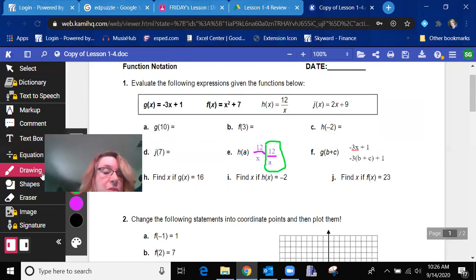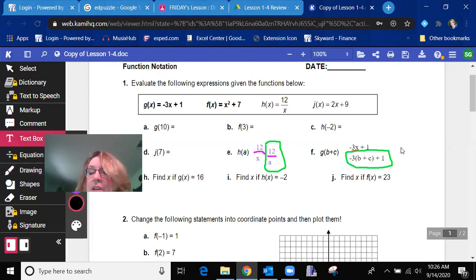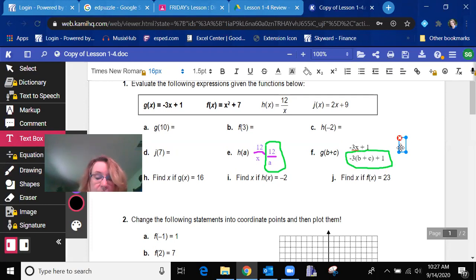You could distribute and the answer could look different if you wanted to. Basically, you could say negative 3b minus 3c plus 1. That's an alternate answer. So let me type negative 3b minus 3c plus 1.